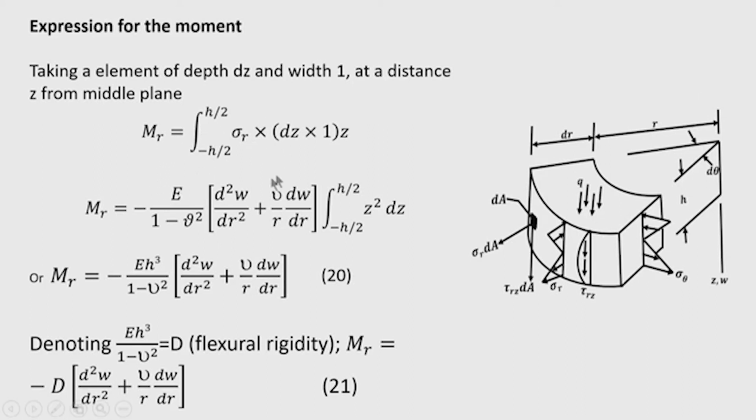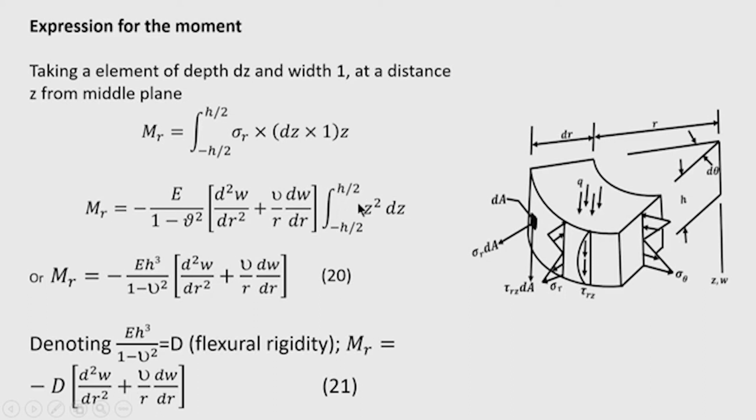This is the full radial moment, taking the contribution of all the differential elements. So, M r after integration is converted to E by 1 minus mu square times d square w by d r square plus mu by r d w by d r. Here only the ordinary differential coefficient is taken, so there is no necessity to use the partial derivative sign. Then z square dz is integrated in the limit minus h by 2 to plus h by 2.